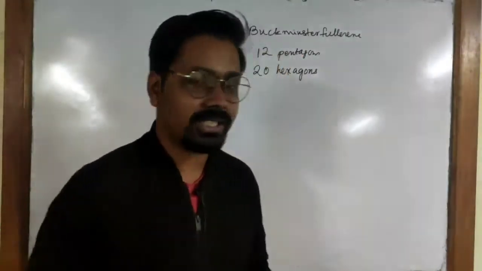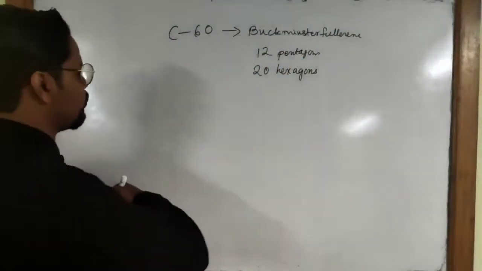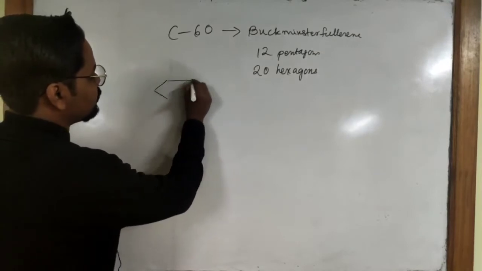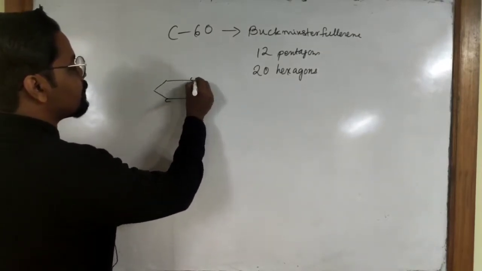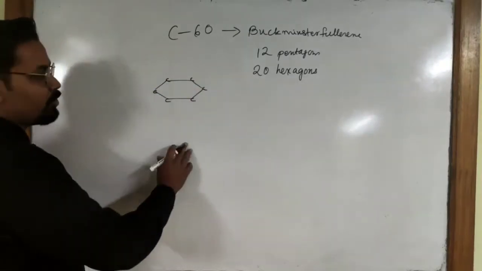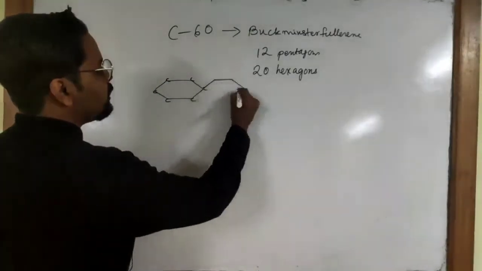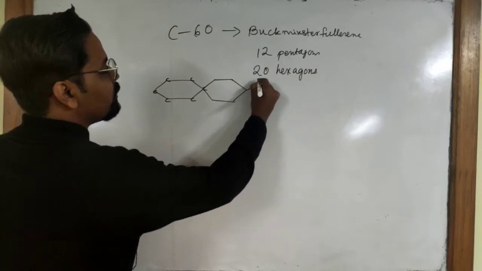So if you look into the structure of graphite, how graphite structure is formed, they form hexagonal rings. And at all the vertices we have carbon atoms. So they form these hexagonal rings and they form layers of them.